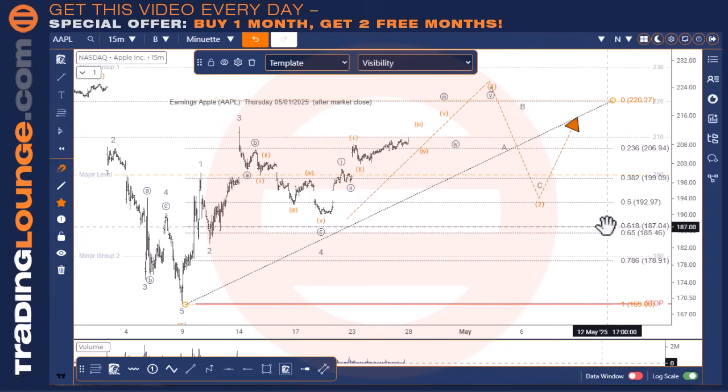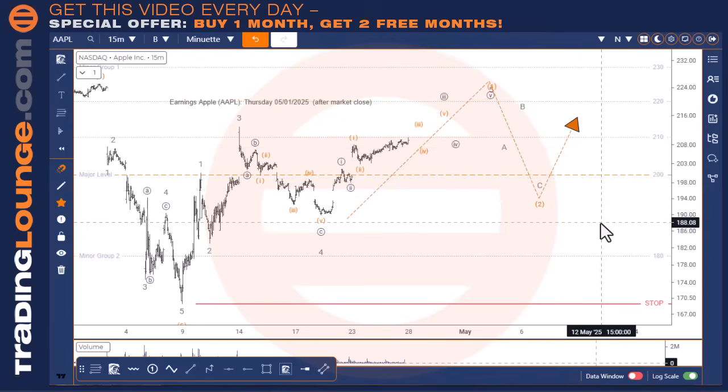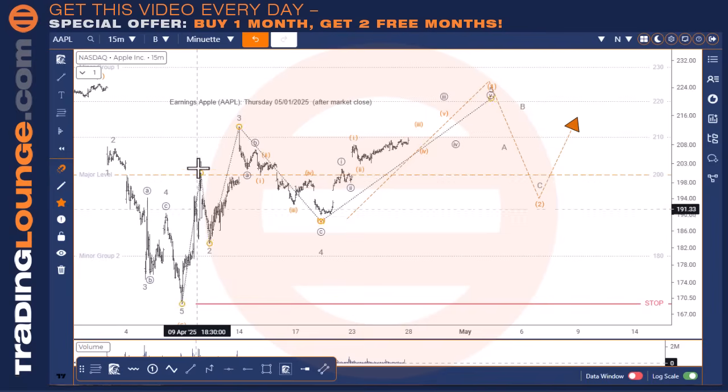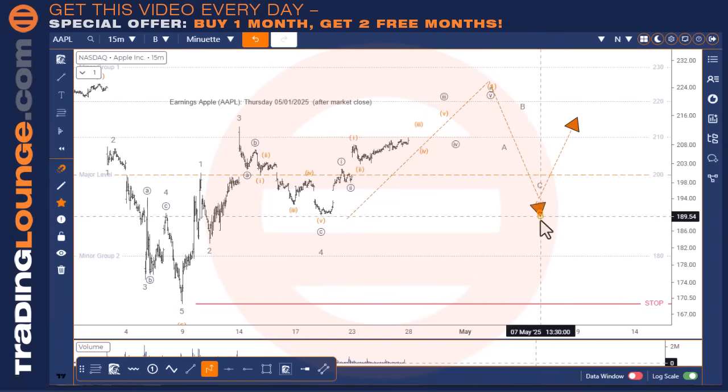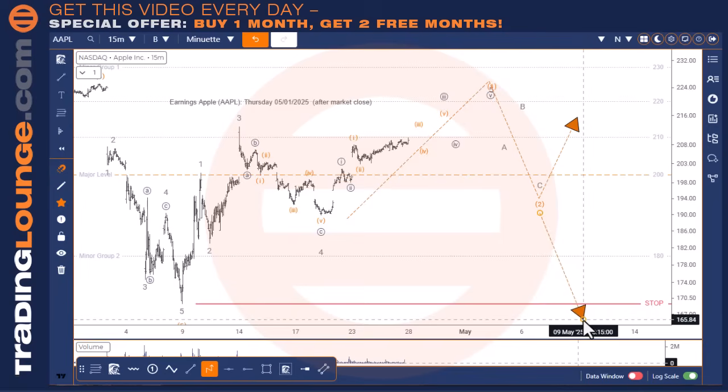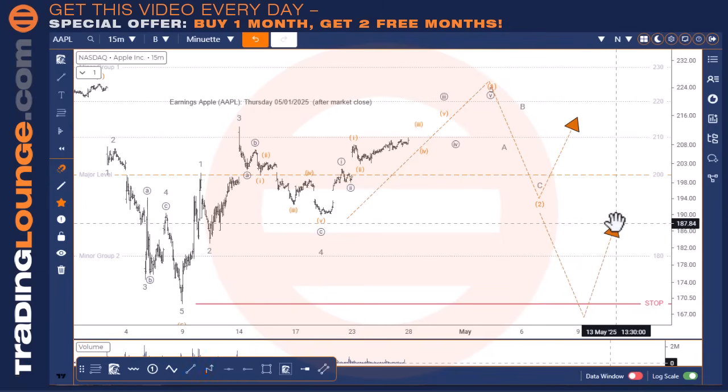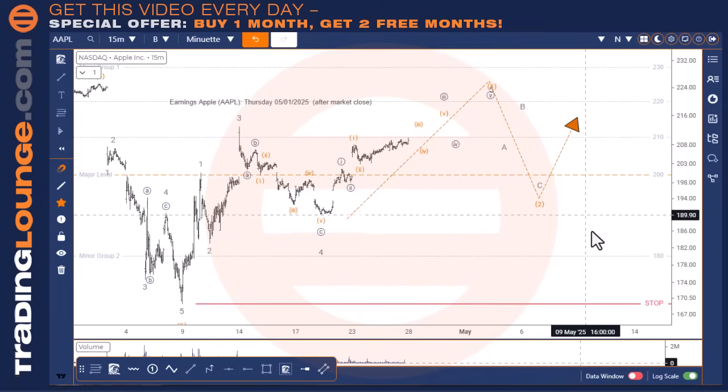It just depends on if we had a stronger bullish case for this, because this could be counted as an A, a B and a C, for the A wave, the B wave and the C wave up here. We don't really know just yet. So it could actually make a new low here and then move up at that point. I don't think it's the case, but we need to look for safe trades.